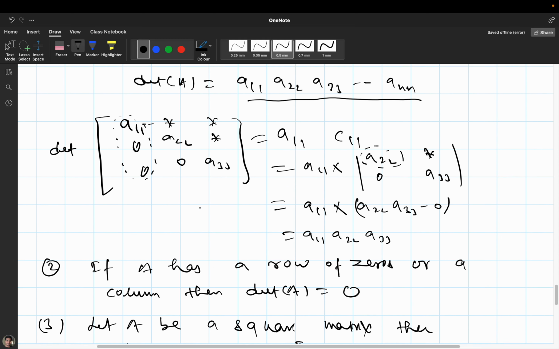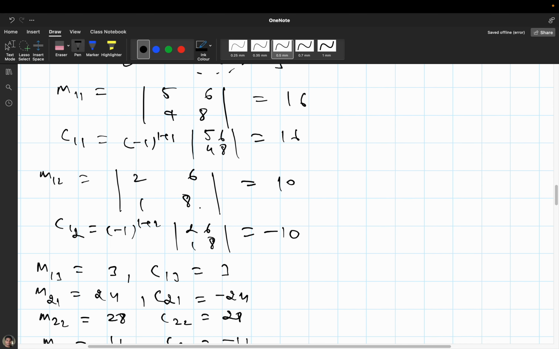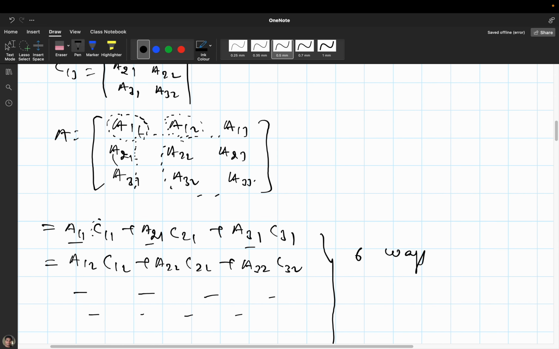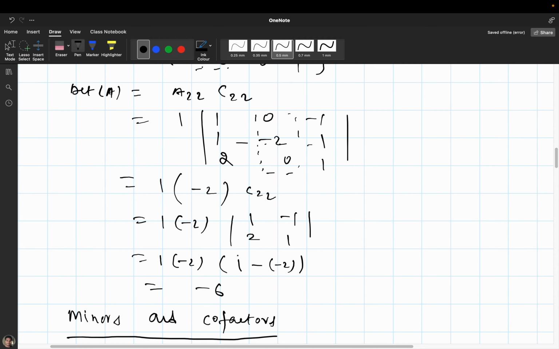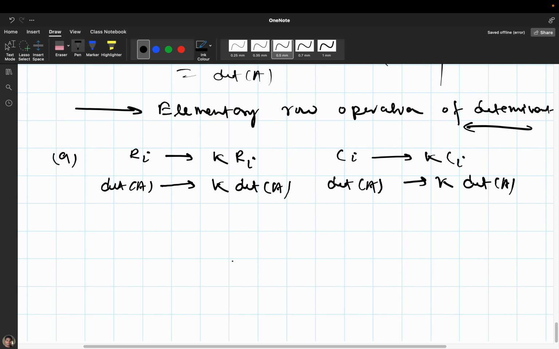So what he is trying to say is, from the concept of cofactors and minors, if you multiply a particular row by k times, then that will become k times a11, k times a21, k times a31, and c11, c21, c31 will be unchanged, which means that I can take k times of this. That's why that will become k times determinant of A. Is it fine? Tell me.